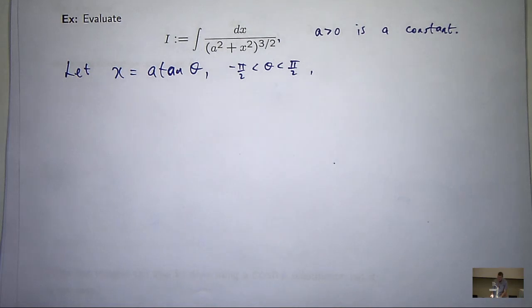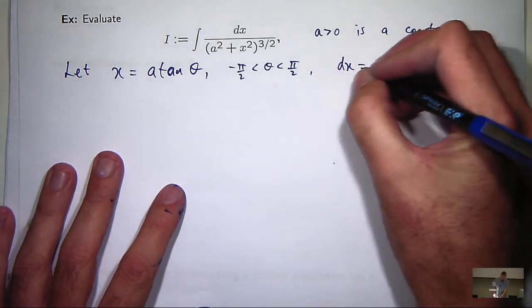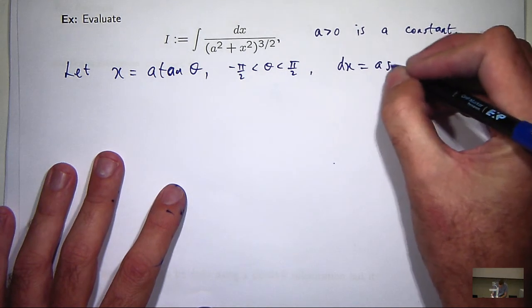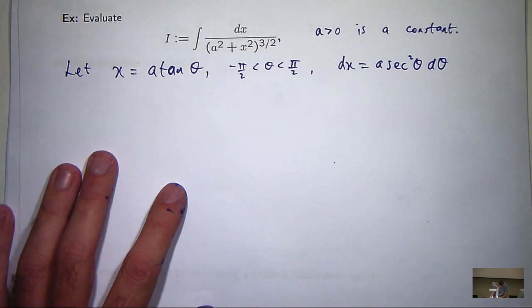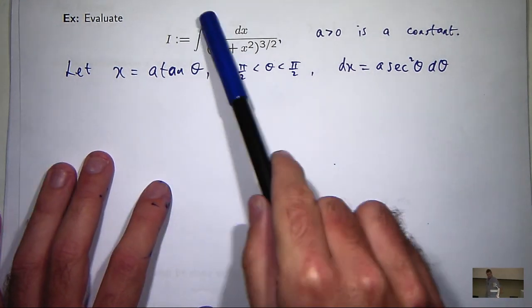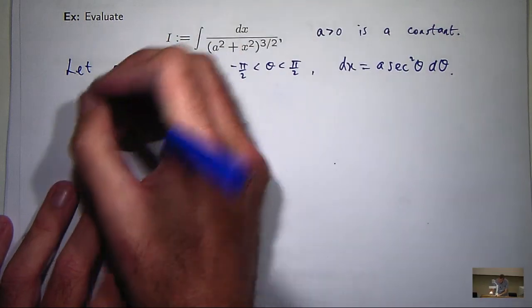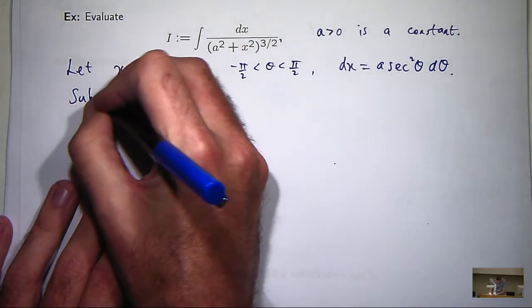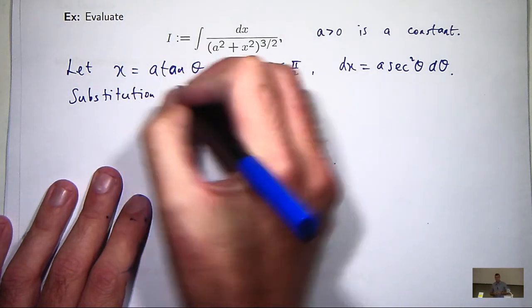Okay, so what we would like to do now, it's looking a bit messy, but what we would like to do is simplify that denominator somehow. Well, I can write that in terms of sec squared theta, right? So the bottom is going to go to a squared sec squared theta.